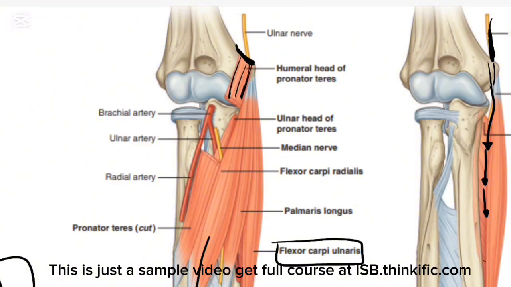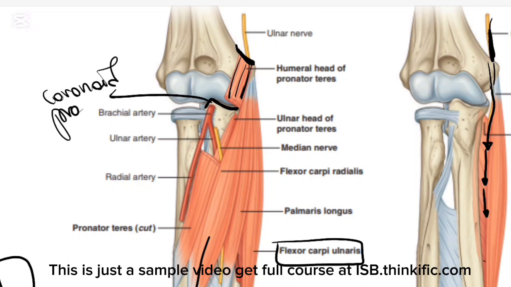The ulnar head is deeper. The ulnar head originates from the medial side of, you remember this process? Coronoid process of the ulna. It is coming from the medial side of the coronoid process of the ulna.